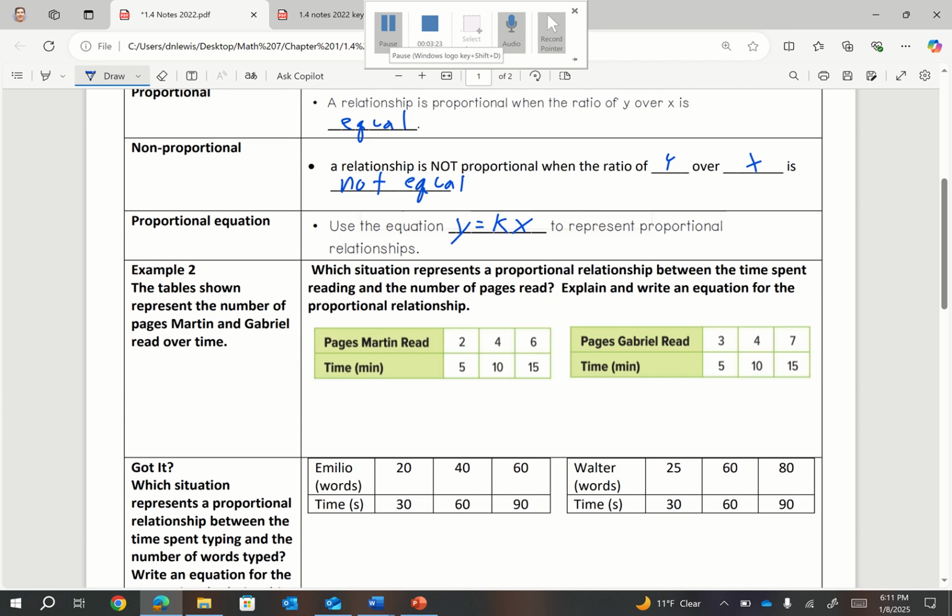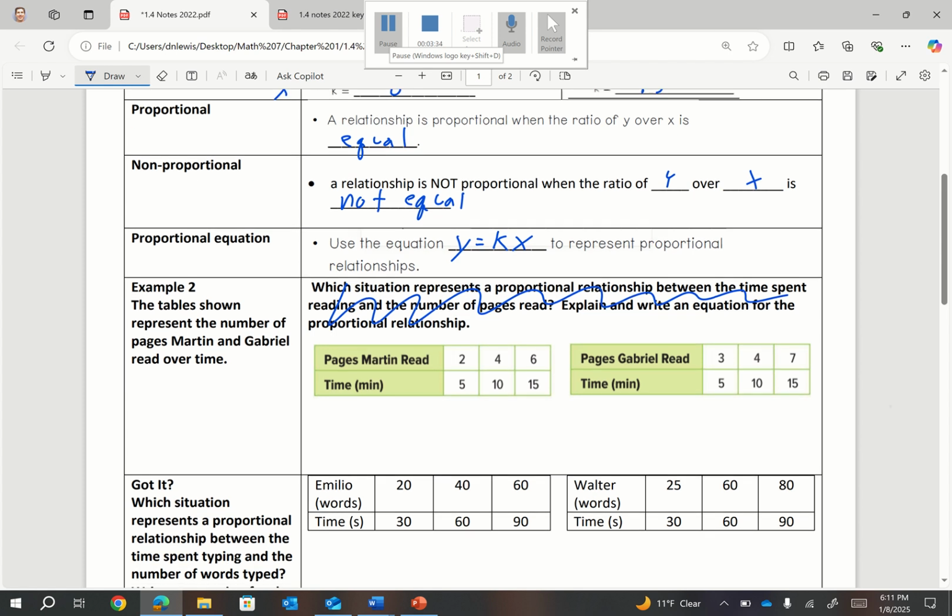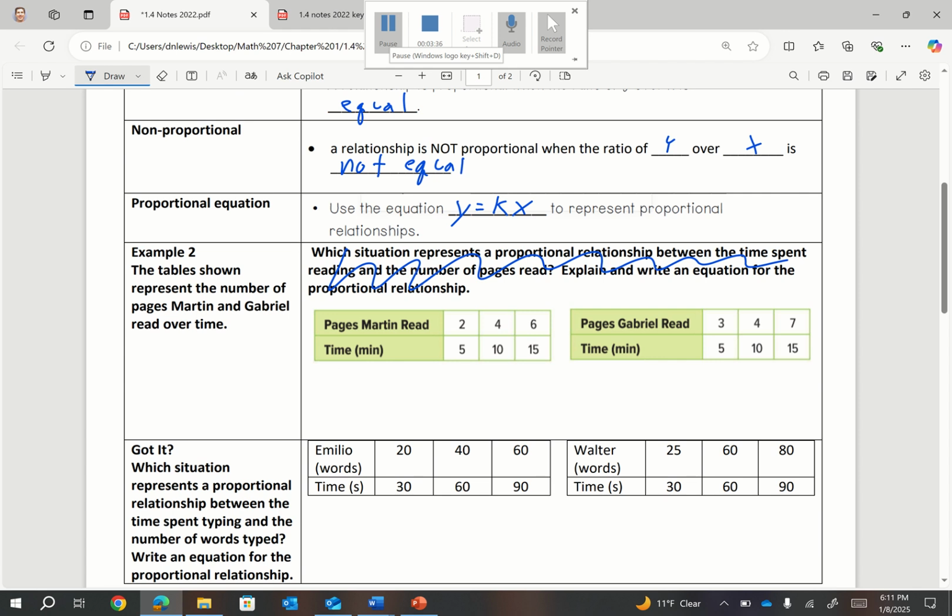Okay, we're going to look at these situations. Now, I don't really like how this table is set up. Typically, we'd have time be our x, but some of these tables are set up, I would say, wrong, but we're just going to do what I told you to start, that x is our first row and y is our second. So we're going to put y over x, 5 over 2, 10 over 4, and 15 over 6.